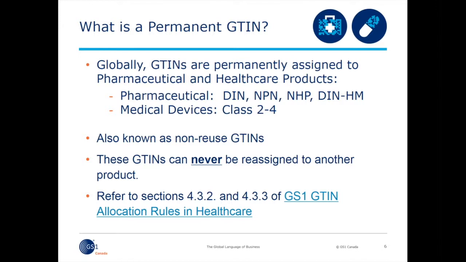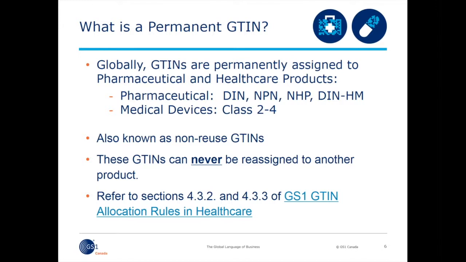Note the choice of words, to a different product. If a product, let's say a pharmaceutical drug, is discontinued, but is then reintroduced into the market, can we reuse it? To answer that question, we need to be a little bit more precise.